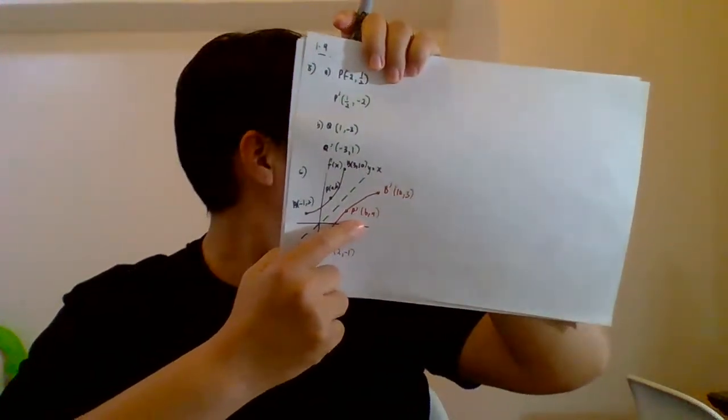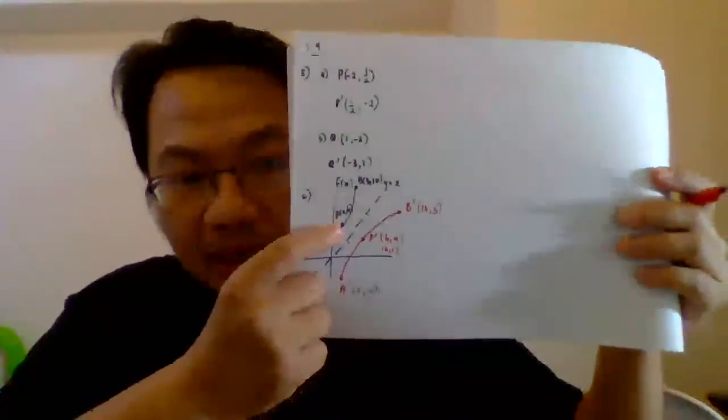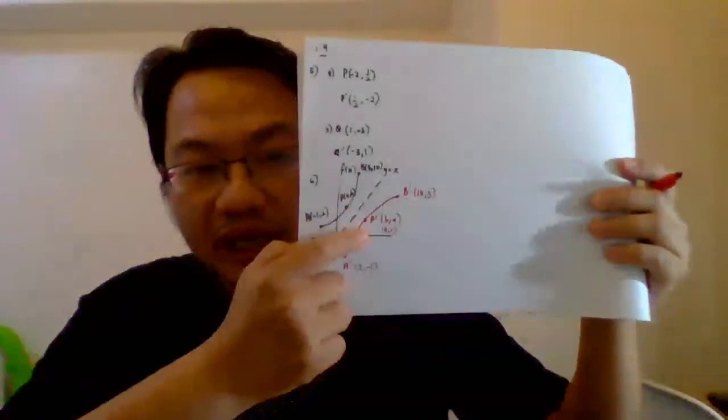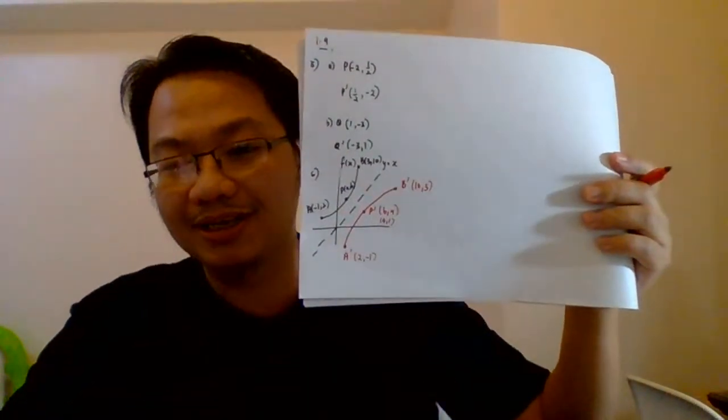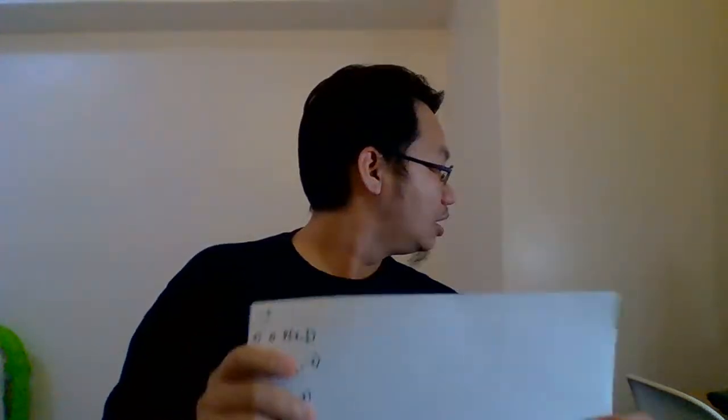Since P prime is 4, 1, the original point will be 1, 4. Very straightforward. Therefore the point of P will be 1 and 4. That's all.